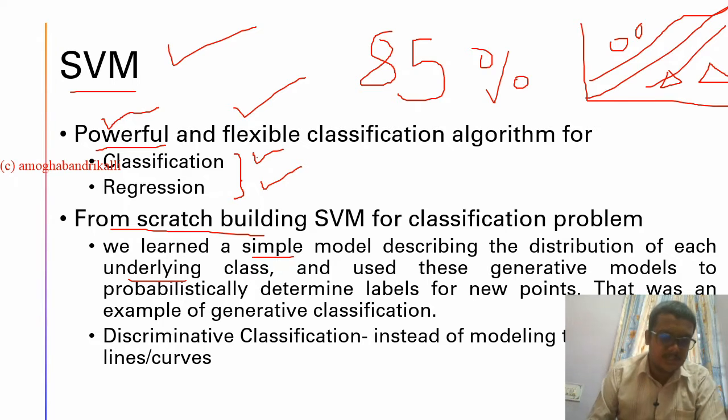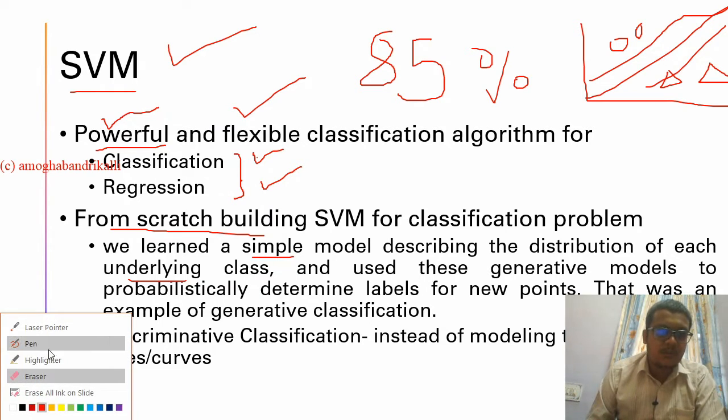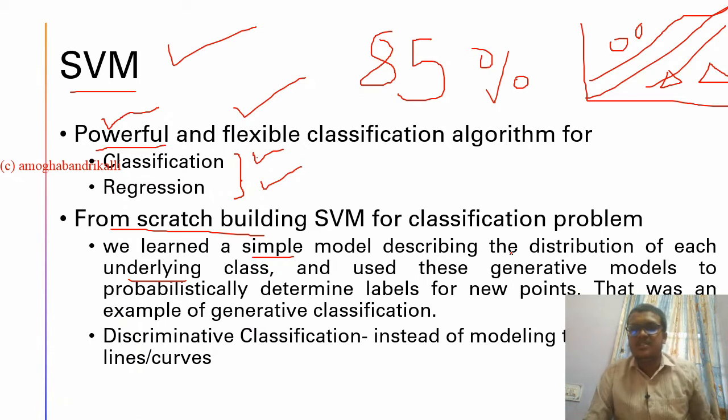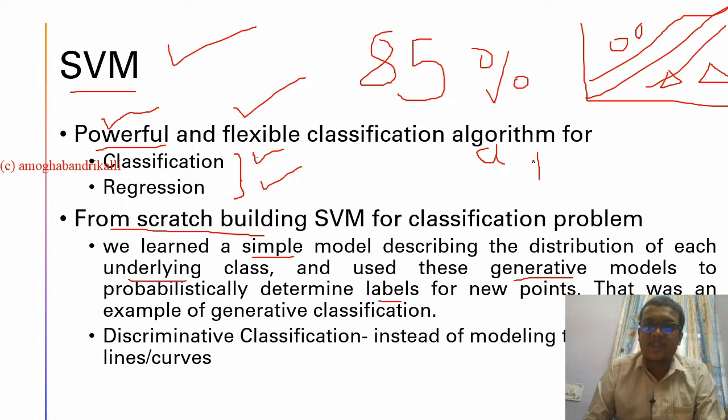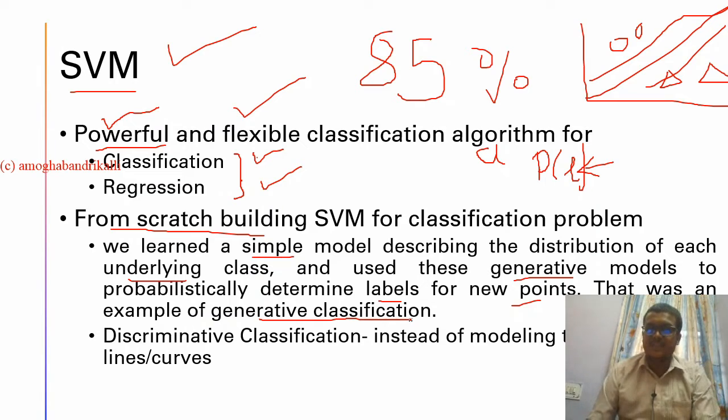Based on the classes, these have been used to build generative models for probabilistically determining the labels, providing the probability of occurrence of labels for new points. So that was an example of generative classification.